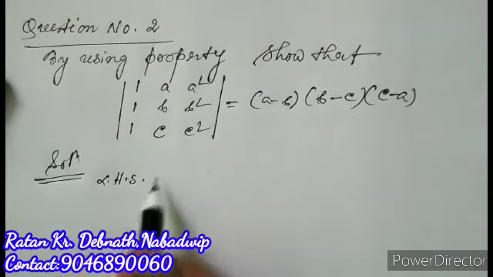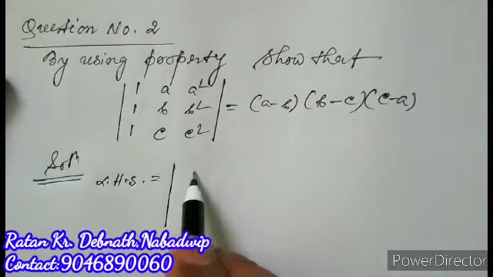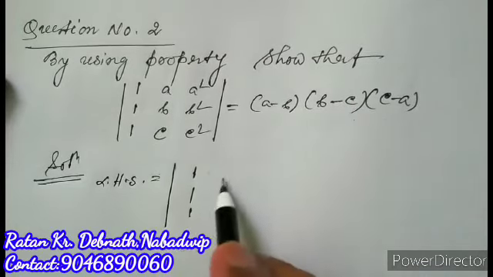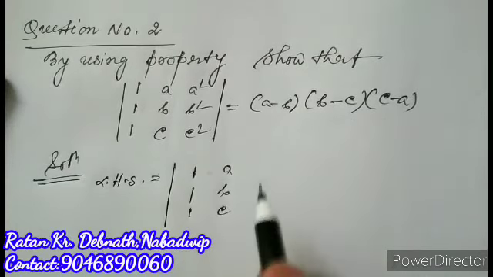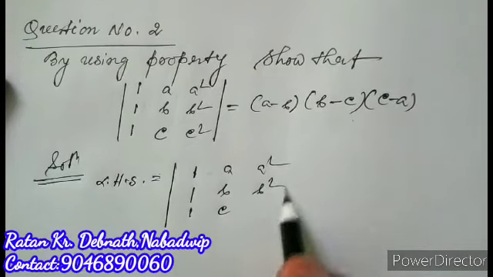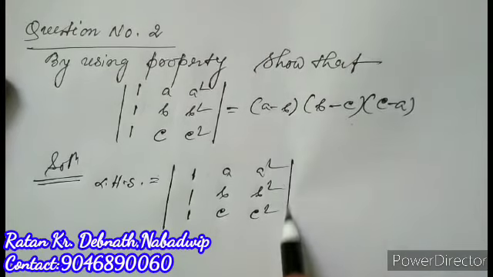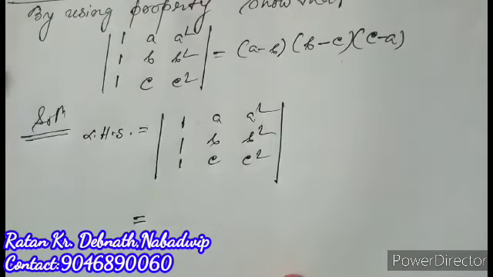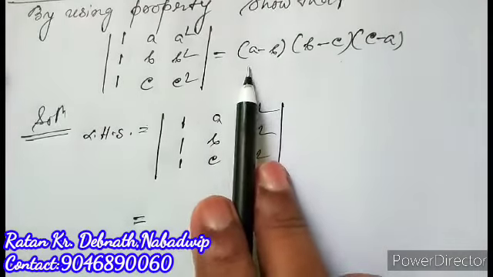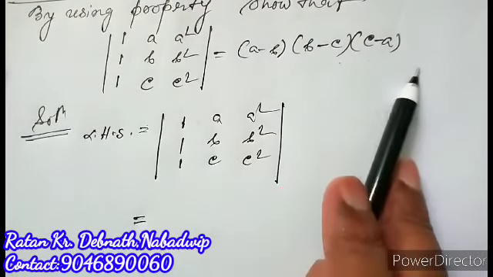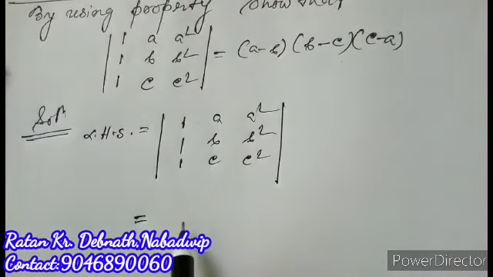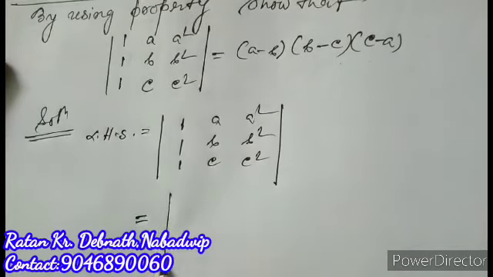LHS. When you go through some mathematical problems, you need some observation. Here the factors are a minus b, b minus c and c minus a. So I will do some row operation.